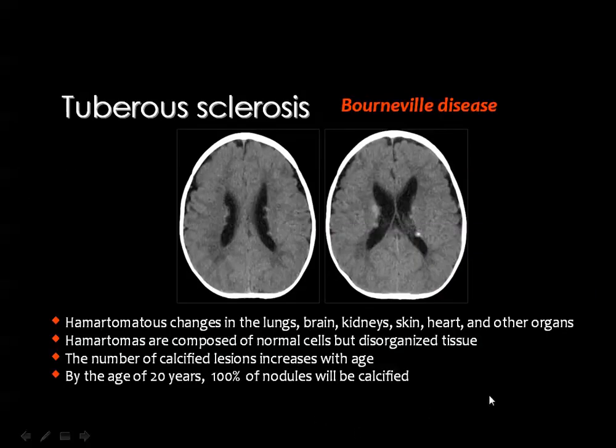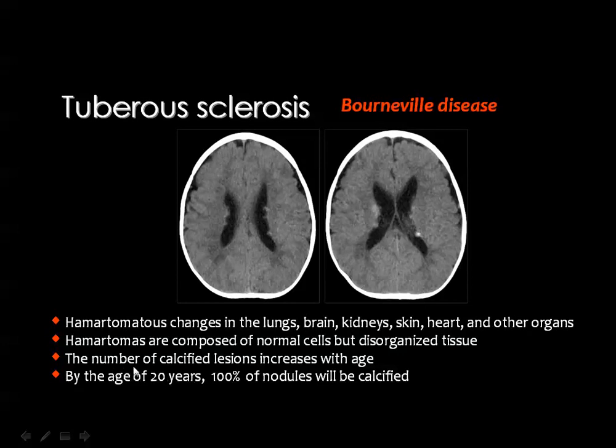Hamartomas can occur in the lung, brain, kidney, skin, heart, and other organs. And these hamartomas are composed of normal cells, but they are present in abnormal location or in abnormal distribution.